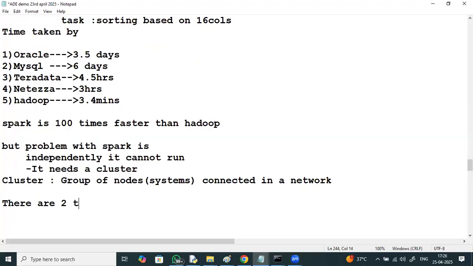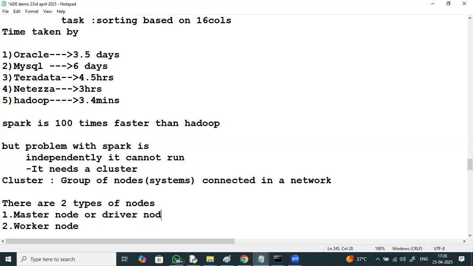There are two types of nodes here. First, the master node, and secondly the worker node. Master node or driver node, worker node or slave node.